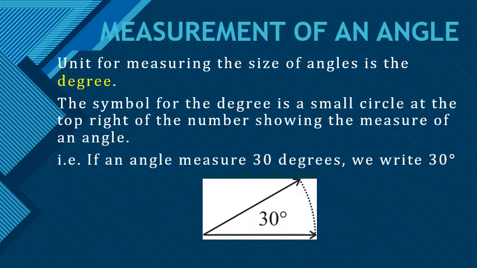For example, if an angle measures 30 degrees, we write 30 degrees, where the degree symbol is a small circle at the top right of the number 30, right? So thus 30 degrees, and you can see how the angle of 30 degrees is made by these two rays in the figure.